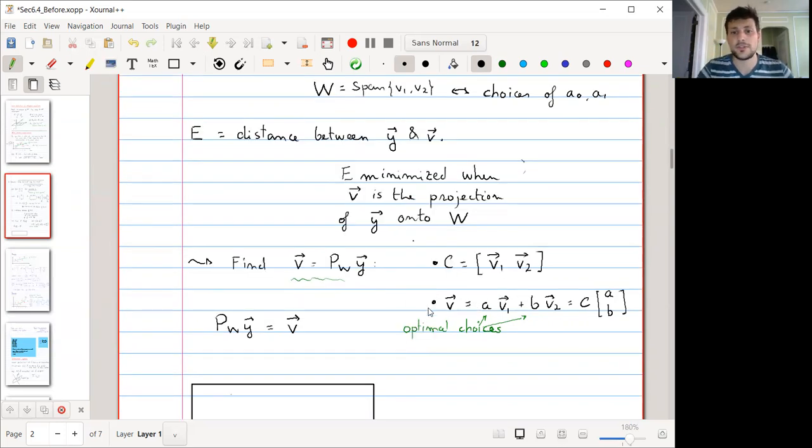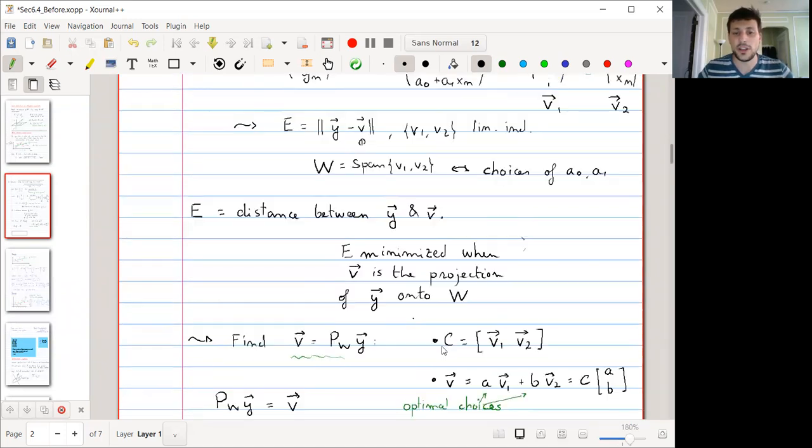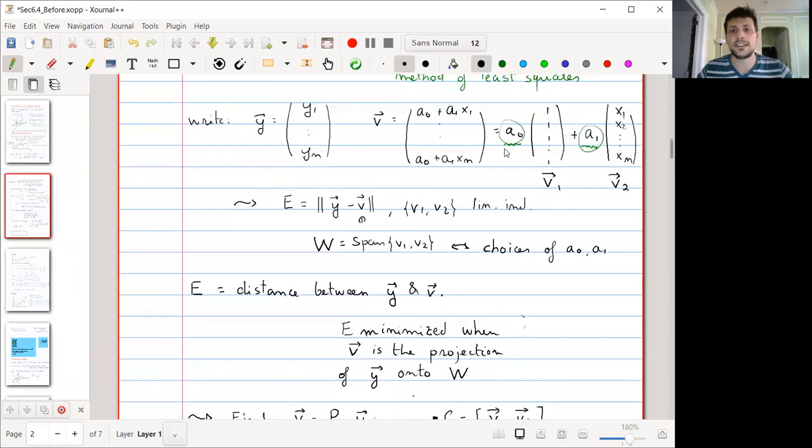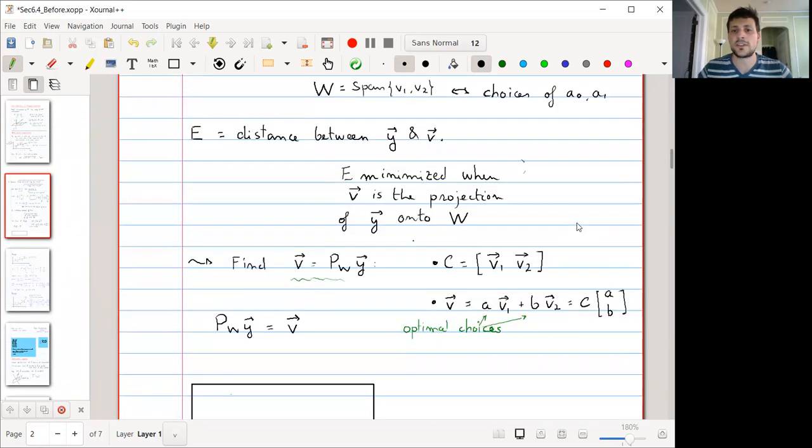And another fact that you have to remember is that v is this optimal point choice, but also by what we've written here, v is exactly a0 v1 plus a1 v2. In other words, I can write v as a v1 plus b v2, where a and b are the optimal choices for a0 and a1.